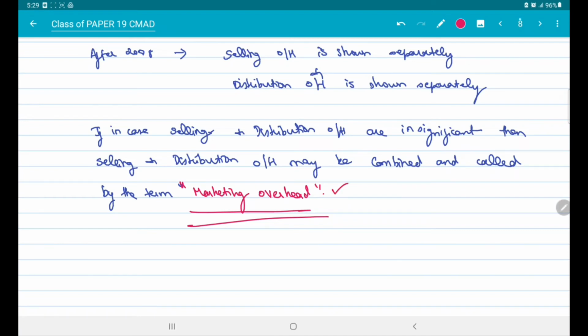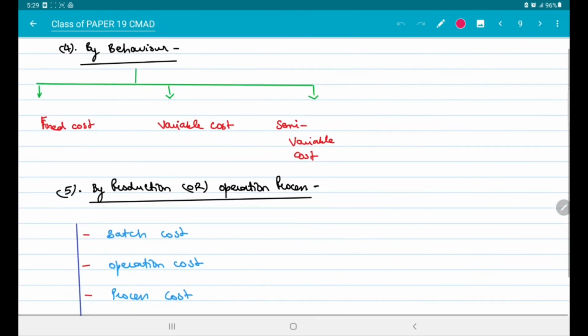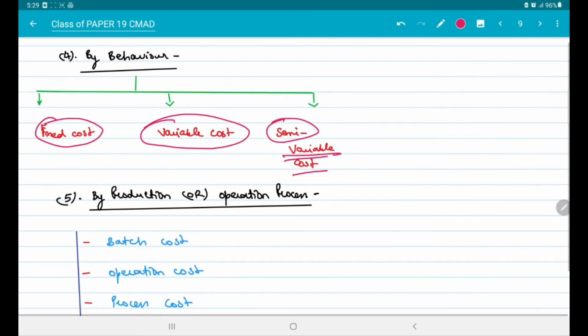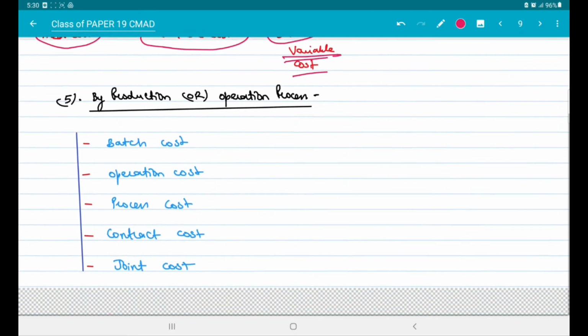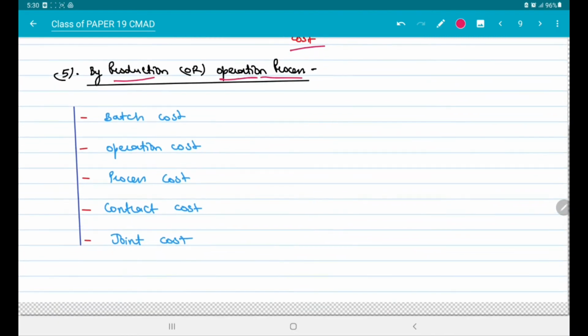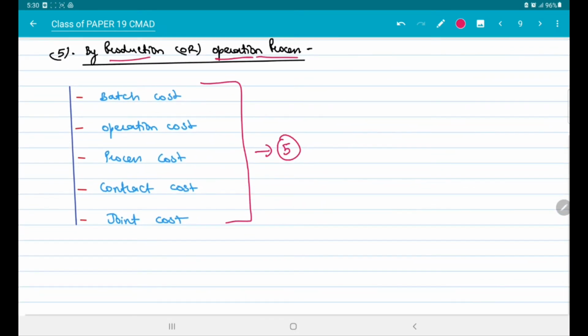Okay, moving forward, by behavior, it is by fixed cost, variable cost, semi variable cost. At final level, no need to explain in detail what is fixed cost, what is variable cost, what is semi variable cost. Then by production or operation process, totally 5 classification is there.